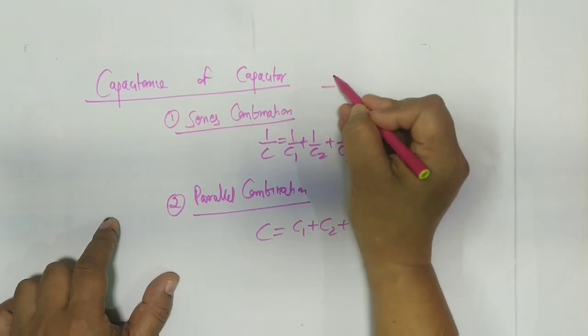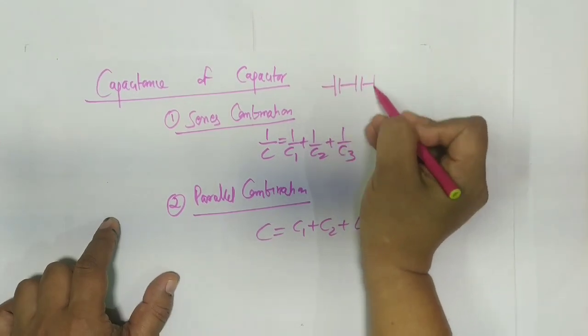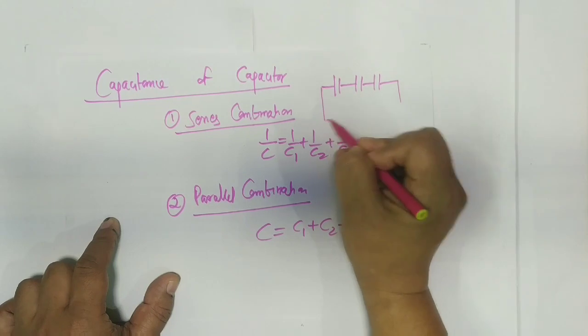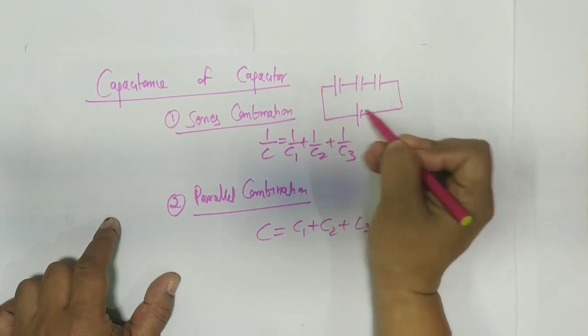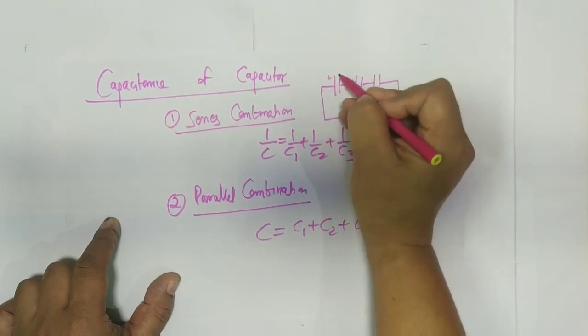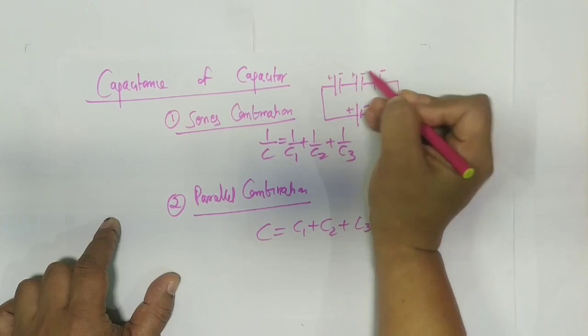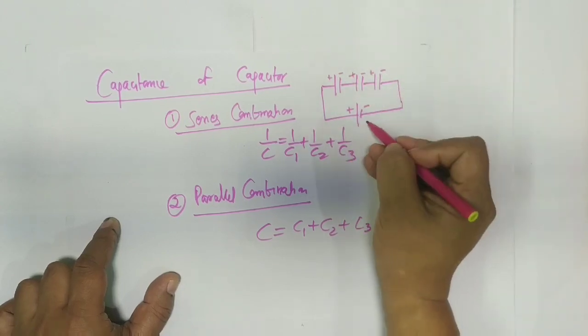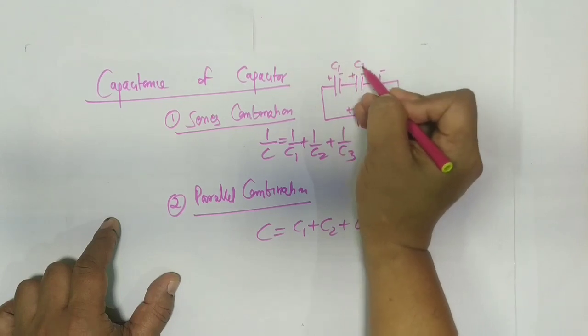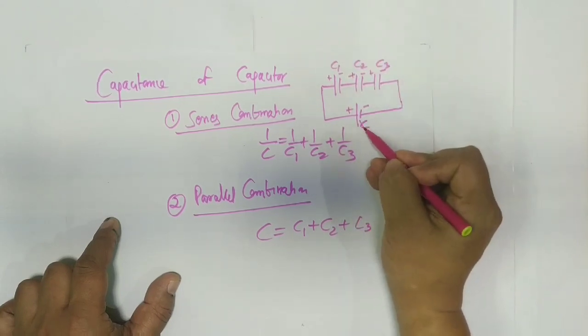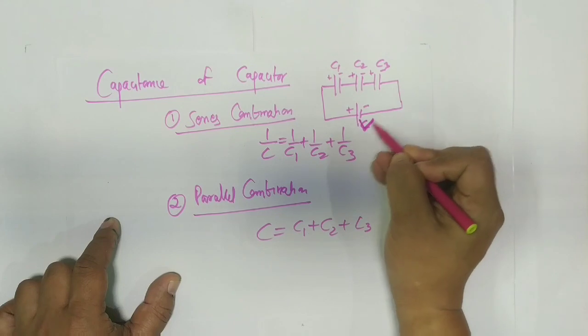And in series, they are connected like this, with a battery, and this is plus minus, plus minus, plus minus. This is C1, C2, C3, and this is the potential difference V applied here.